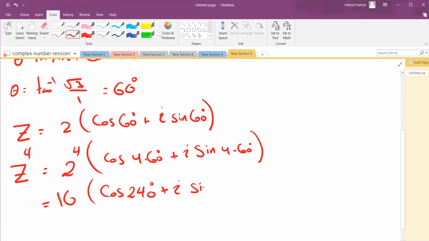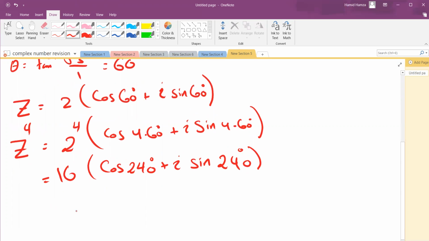Now we want to write it in the rectangular form. So cosine 240 equals negative half, and this times 16 is negative 8.